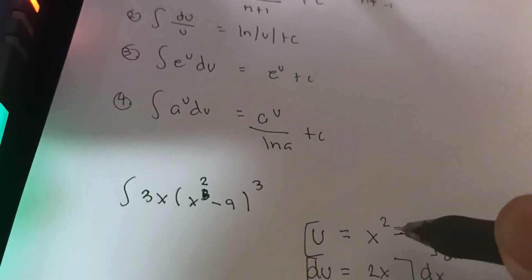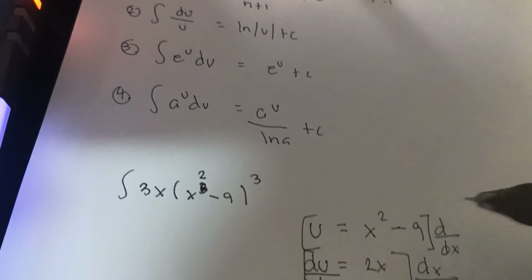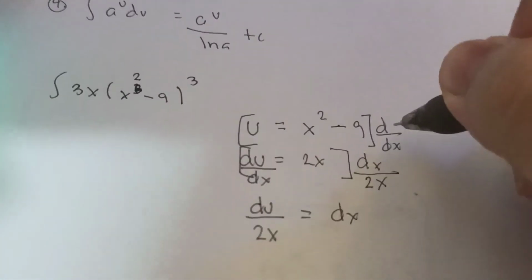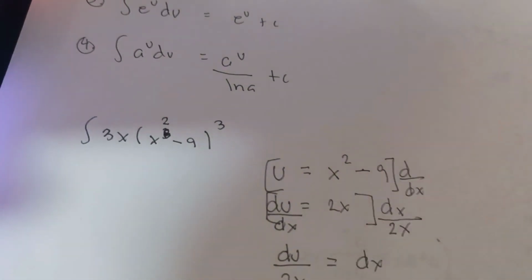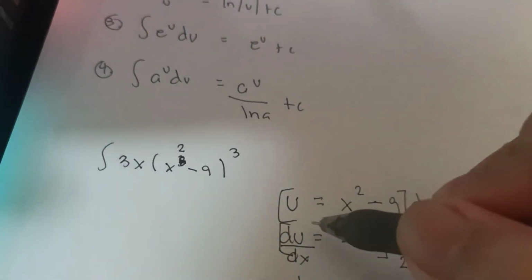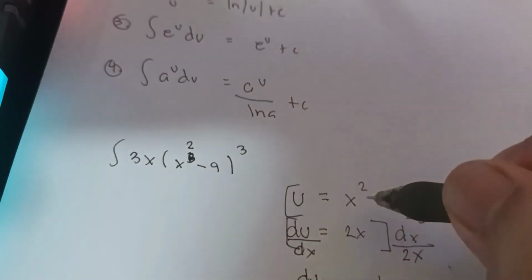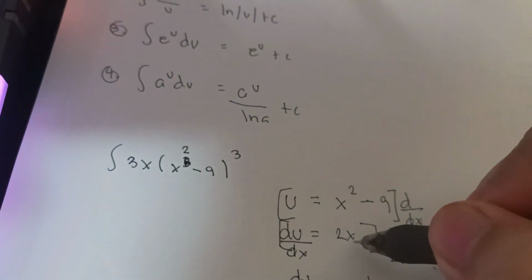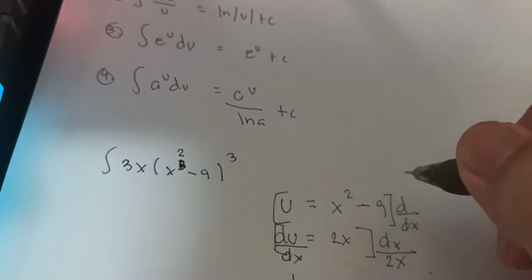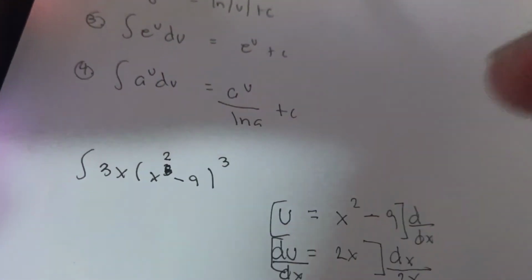So our u will be x squared minus 9. I placed d over dx here. And then find the derivative, du, which is x squared becoming 2x, and then we just cancel 9 since it's constant.